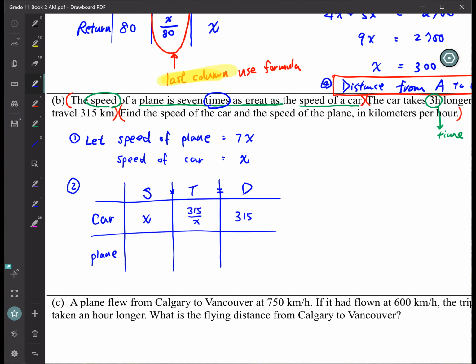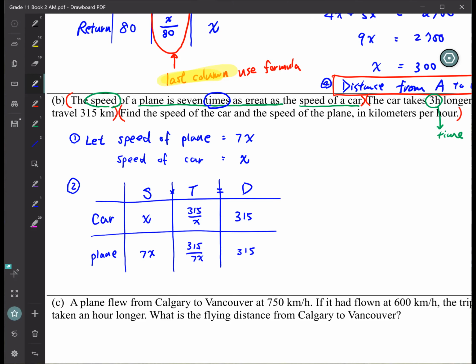Okay. And how about Aaron, how about for the plane? Speed is 7x, time is 315 divided by 7x. Okay, the internet is a bit slow today. 315 over 7x, and then distance is 315.